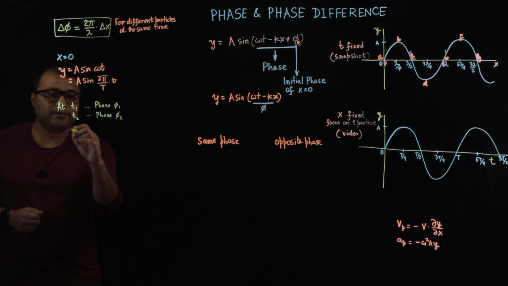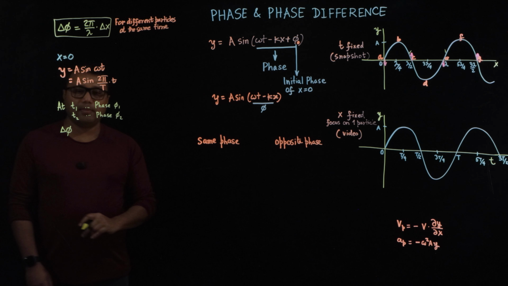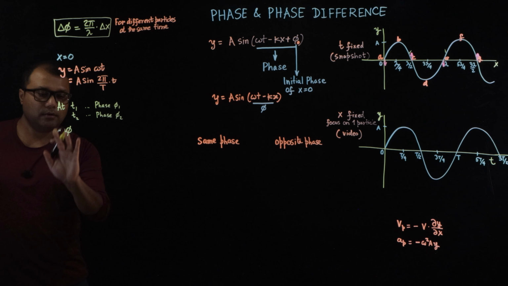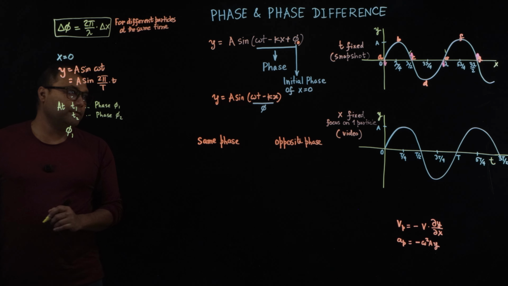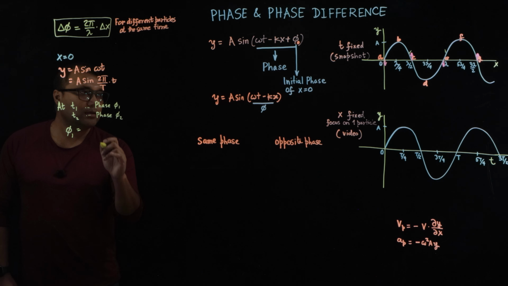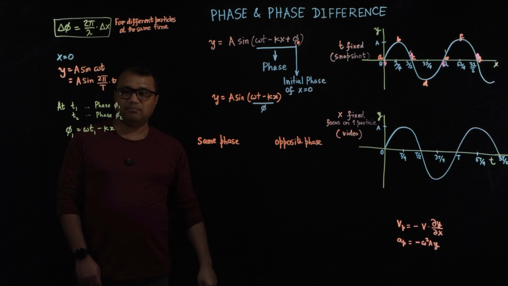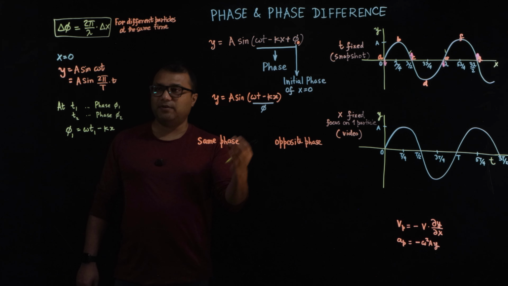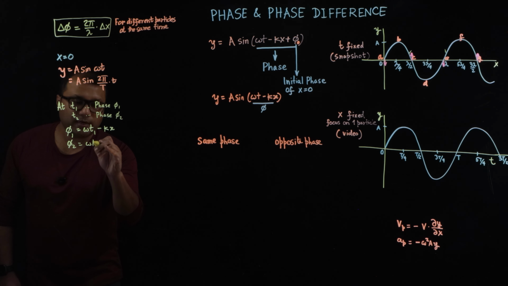Okay, so let's write phi 1 first. Phi 1 is omega t1 minus kx. Now it can be any x. We took x equals 0 for our convenience, but it can be any x. Phi 2 is omega t2 minus kx.